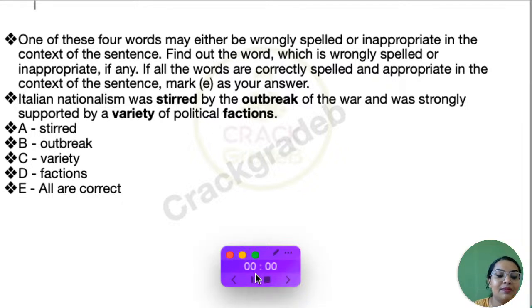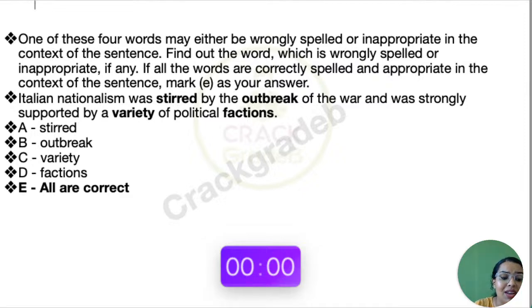Contextually it is wrong. All are correct, guys.